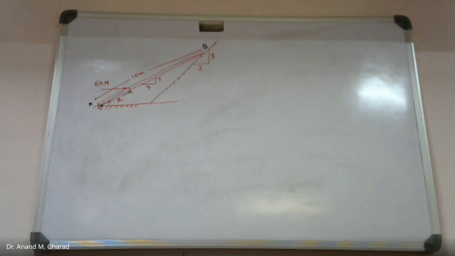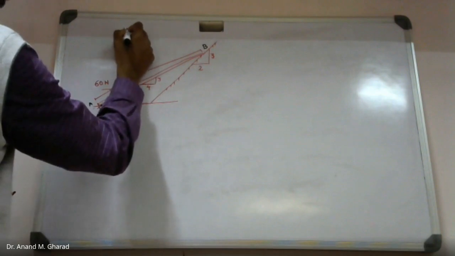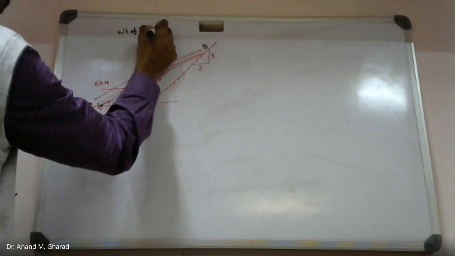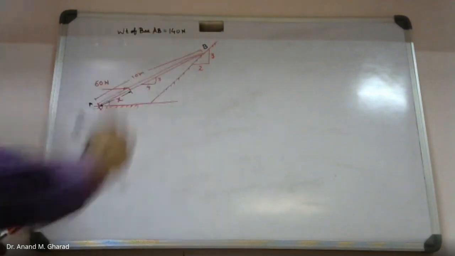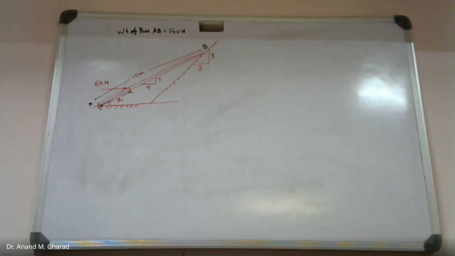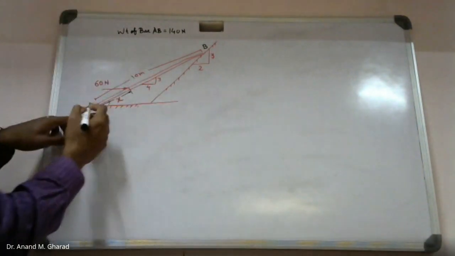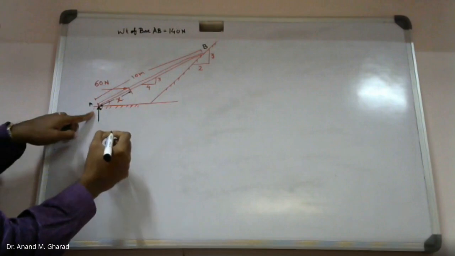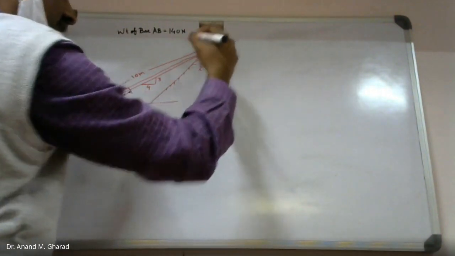The weight of the bar AB is given as 140 Newton. Since the self weight is mentioned over here and the value of y is negative, we have to take the positive value. So how many reactions do you expect? One reaction force, again it is a normal reaction acting at point A, and a normal reaction acting at point B.